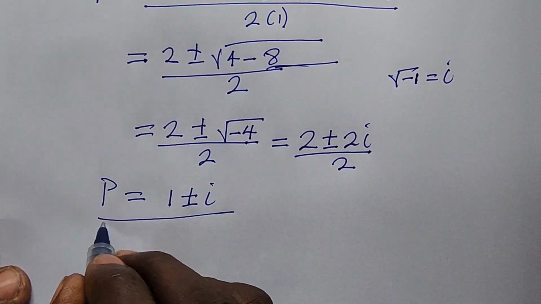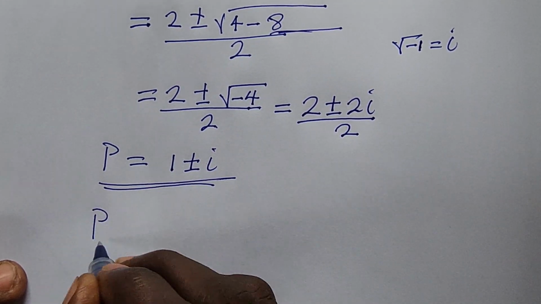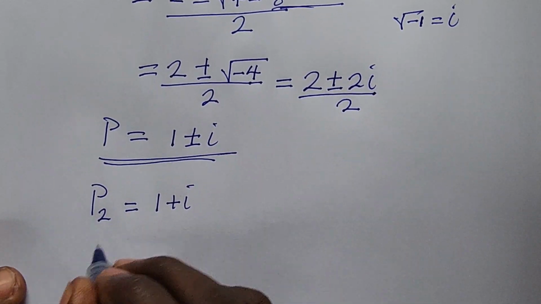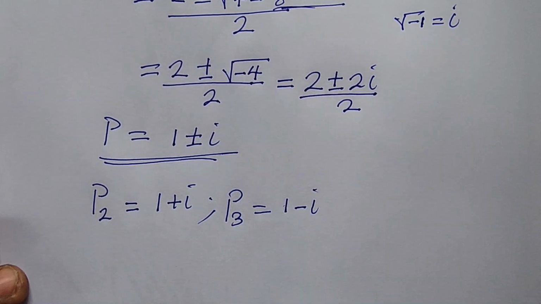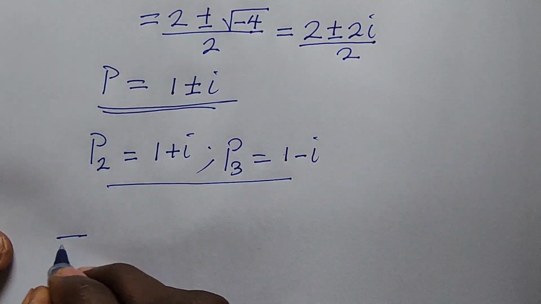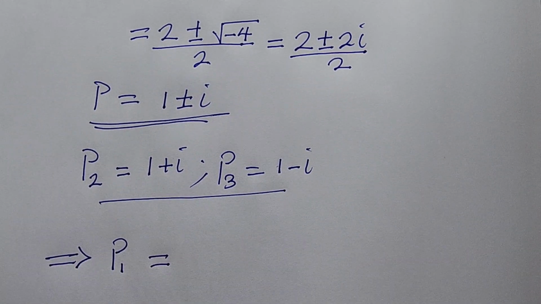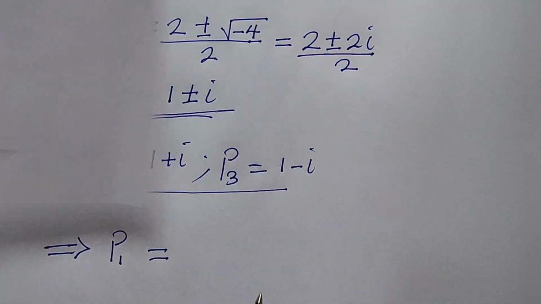Okay, so if this is our P1, then P2 and P3, because we have 2 of it here now. So we now have our P2 equal to 1 plus iota, and P3 is equal to 1 minus iota. So let's go ahead and bring out the values of our P1, P2, P3. Our P1 we solved to be positive 1.